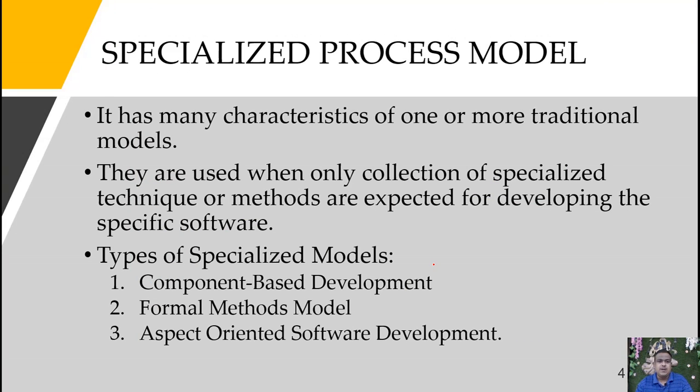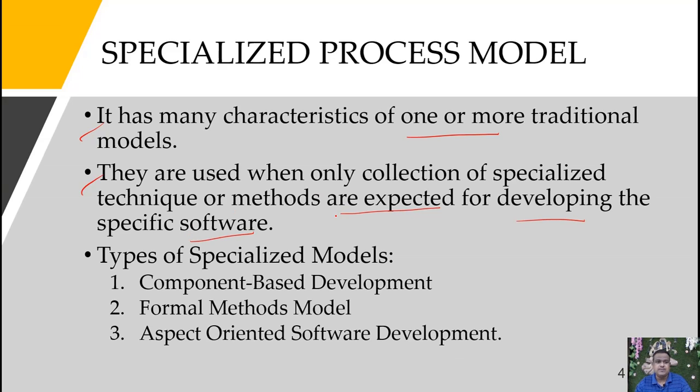Under the specialized process model, it has many characteristics of one or more traditional models that we have seen earlier. They are used when only a collection of specialized techniques or methods are expected for developing specific software.